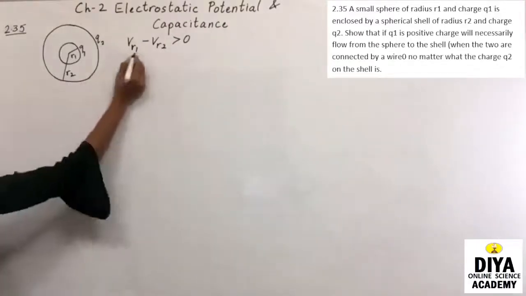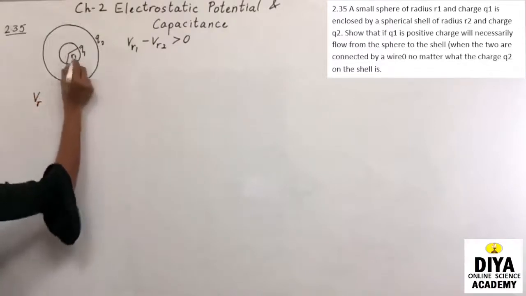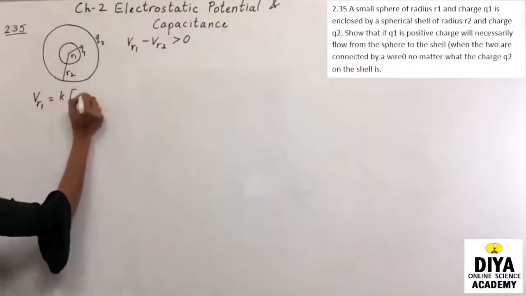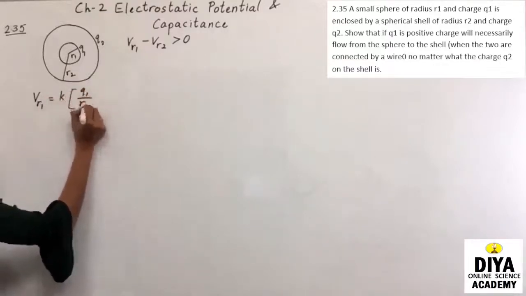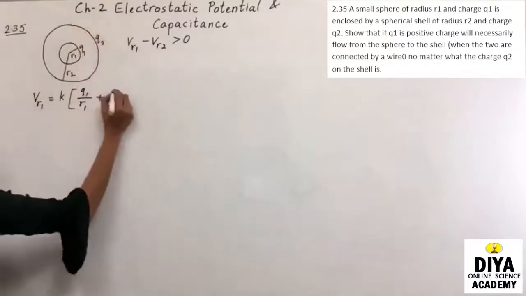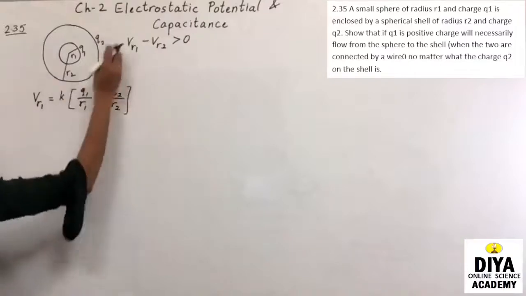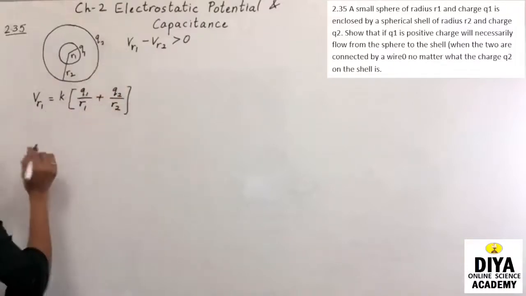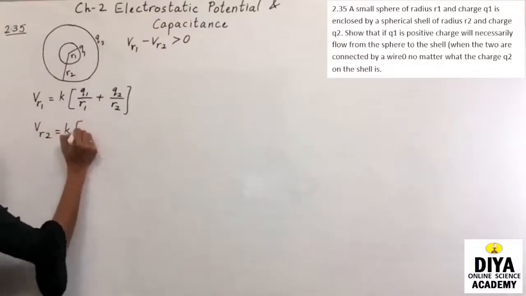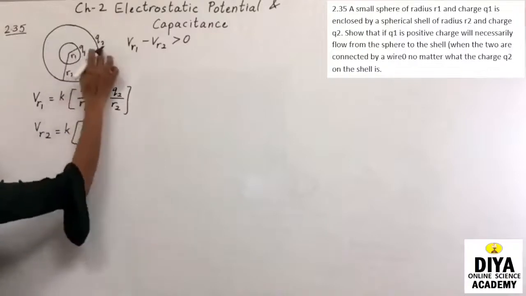तो सबसे पहले Vr1 फाइंड कर लेते हैं। पोटेंशियल ऑन द स्फीयर Vr1 इक्वल्स टू K Q1 बाय R1, इसकी वजह से पोटेंशियल प्लस इसकी वजह से पोटेंशियल उसमें आएगा K Q2 बाय, स्फीयर से बाहर है तो आउटसाइड के लिए K Q2 बाय R2 लिखते हैं। नाउ Vr2 इक्वल्स टू K Q1 बाय कितने डिस्टेंस पे?